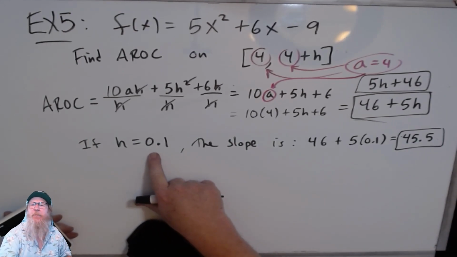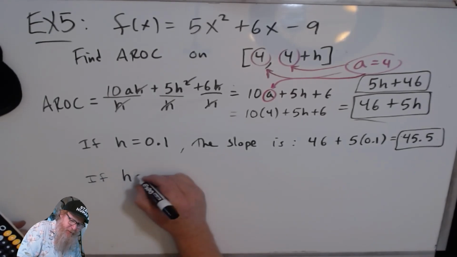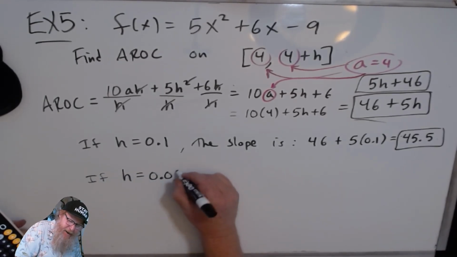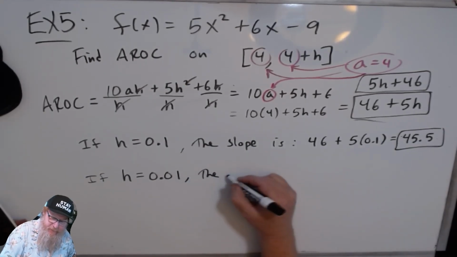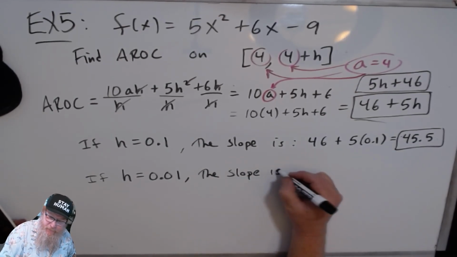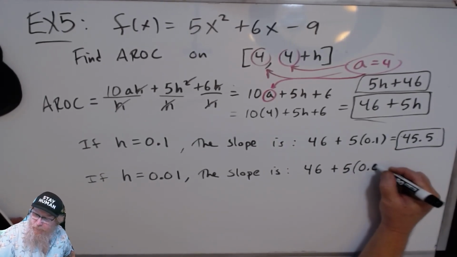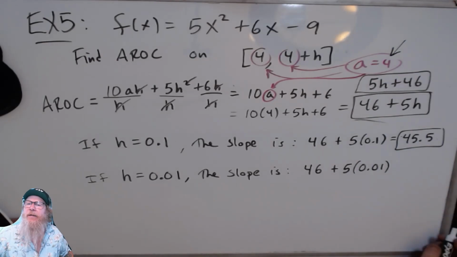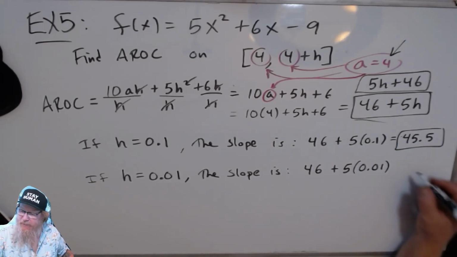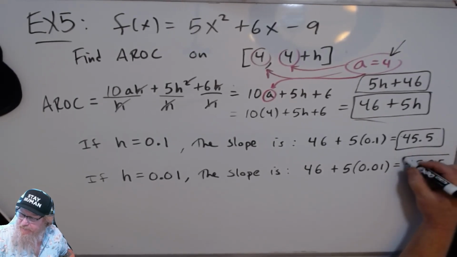That's with h being 0.1. And much like the previous examples where we're getting closer and closer, now I have a number that tells me how close I am to it. So now I'm within 1/100th of the value, 4. So I get 45.95.